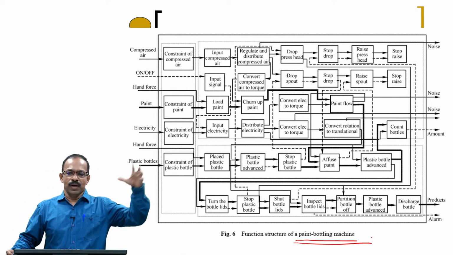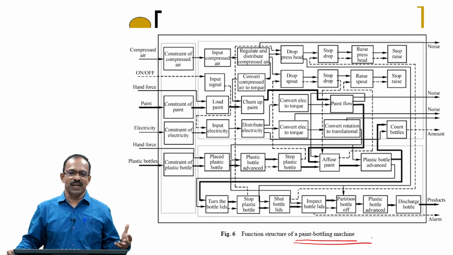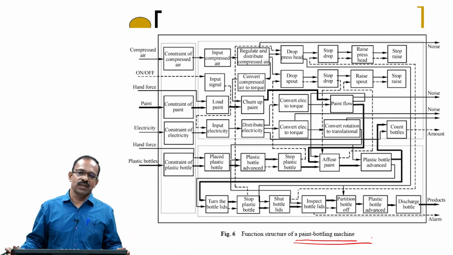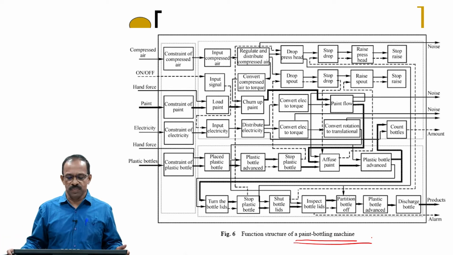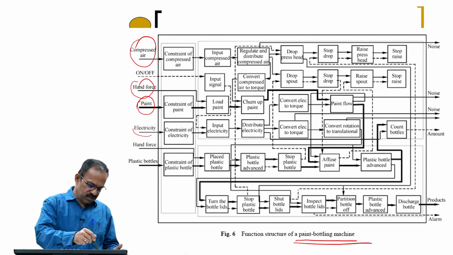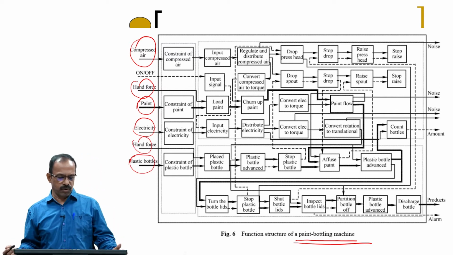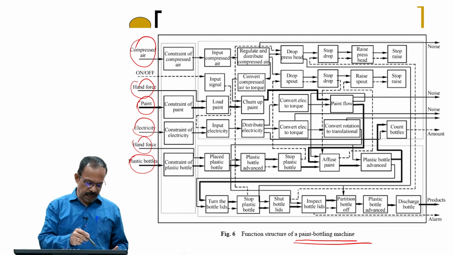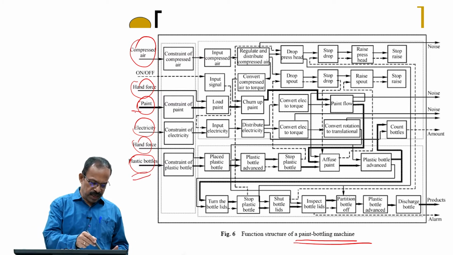There will be paint stored in a container, and then a machine is used to fill bottles, seal them and then send them out. You can see the inputs are compressed air, hand force, paint, electricity, and plastic bottles. You will be giving empty bottles, paint, electricity and compressed air.